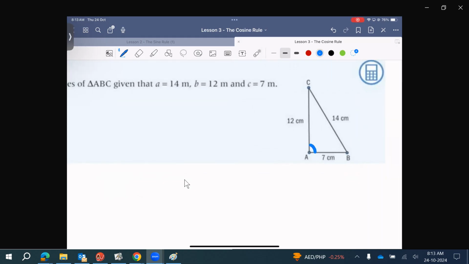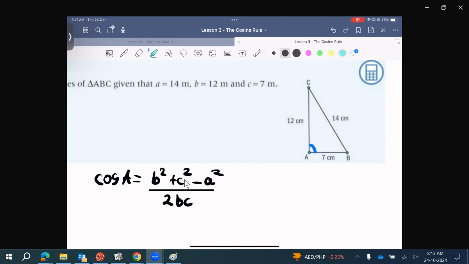So to find the angles, we have this version of the formula. The cosine of A is equal to b squared plus c squared minus a squared over 2bc. Watch this formula.